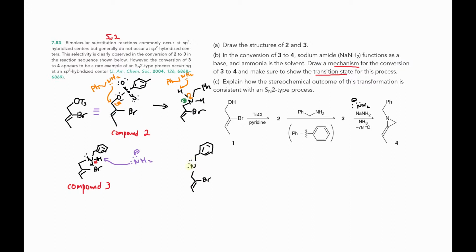Nitrogen has two pairs of lone electrons, so we have 4 lone electrons. They go in pairs, and we have a minus charge that's going to attack our alpha carbon that bears the halide, and then it's going to undergo the back attack, just like we saw in the inversion of stereochemistry.